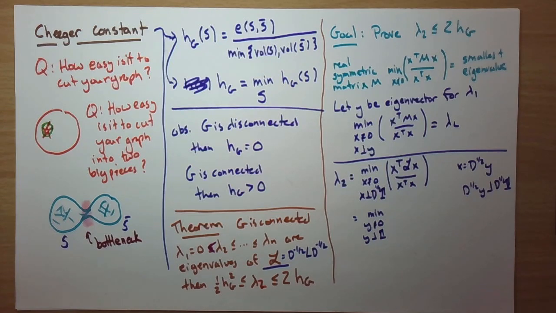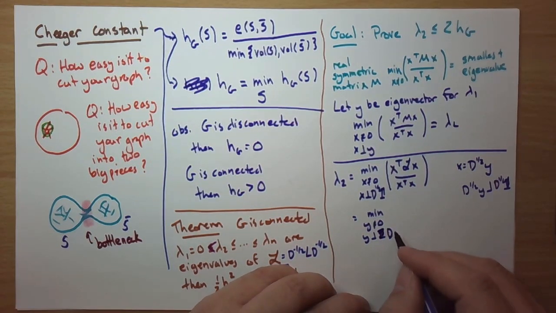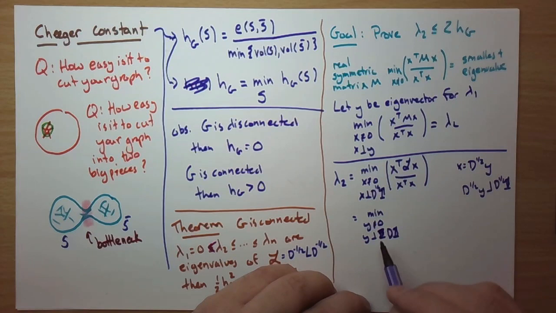As I check my notes, well, I think it is. Is it? No, it's y is perpendicular to d times 1, because you have to actually compute the transpose. But don't worry, we'll get what we need.